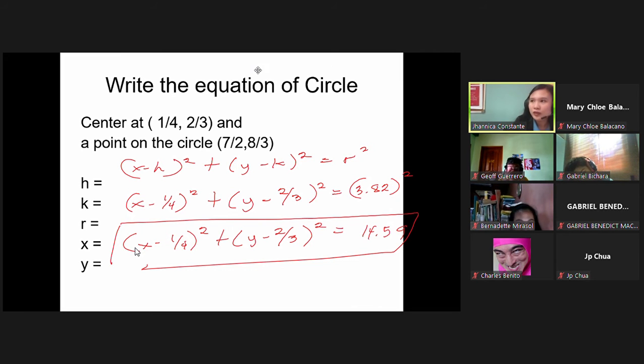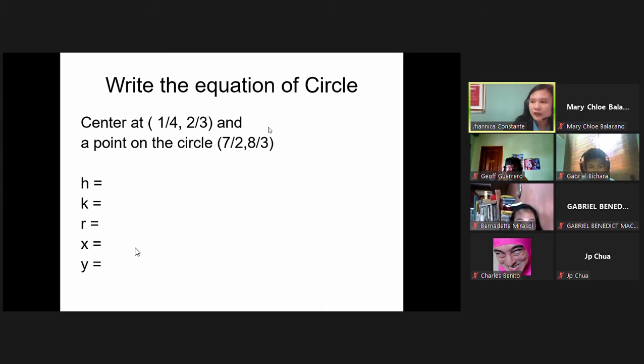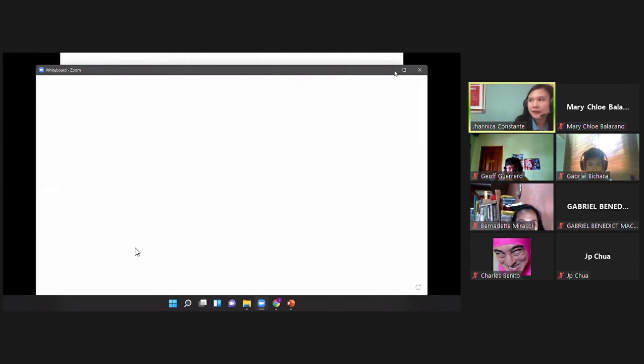Since the expanded form of the equation of the circle is x squared plus 2hx plus y squared plus 2ky equals c.